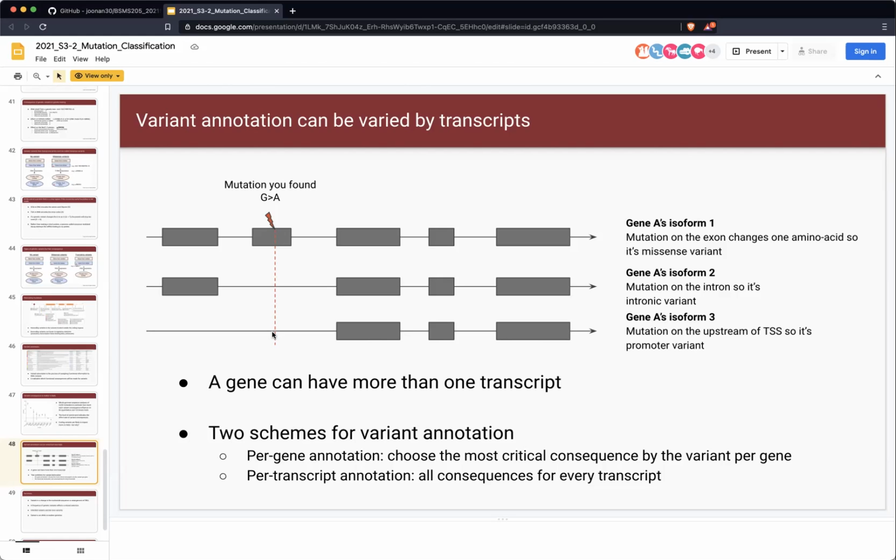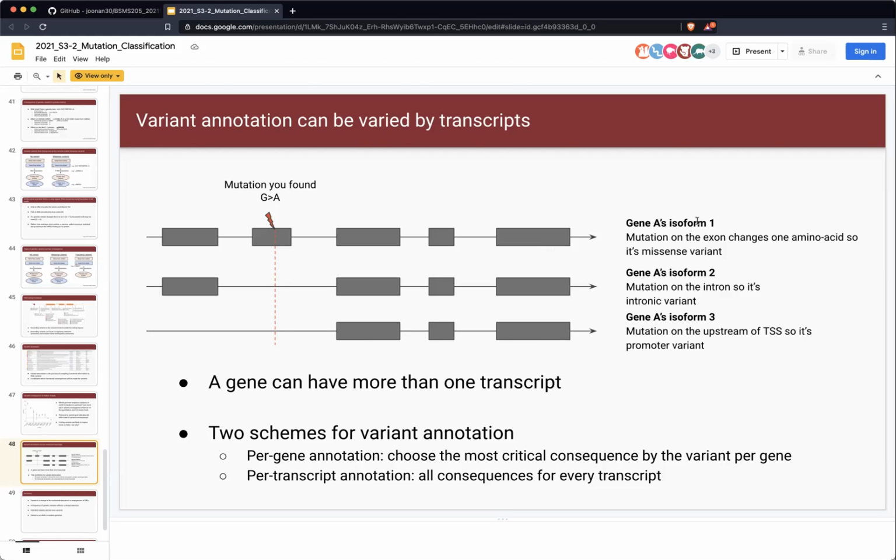And this is a much more complicated consideration if you want to apply it in a clinical situation. Let's think about this situation. If you find this mutation in patients with a neurological disorder, and you want to find the cause of the disease, and this is a neurological condition, you want to look at the brain-expressed gene, right?